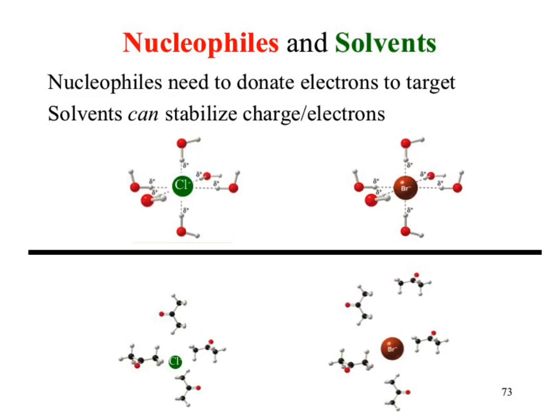Chlorine, because chlorine is more electronegative than bromine. So what does that do? The interactions now between the solvent and the nucleophile are so strong in comparison to the bromide, that's going to slow that rate. Bromide becomes a better nucleophile because it has a weaker interaction with the solvent.